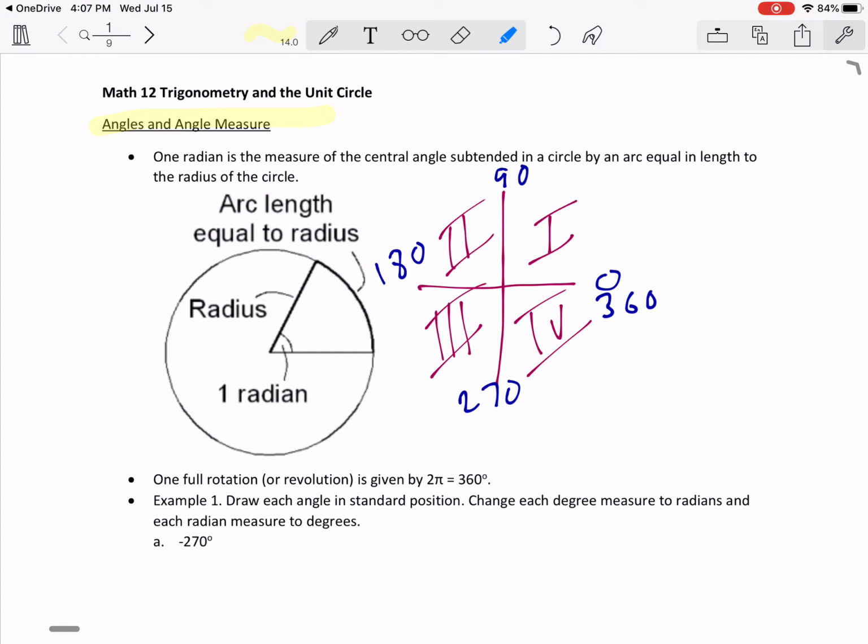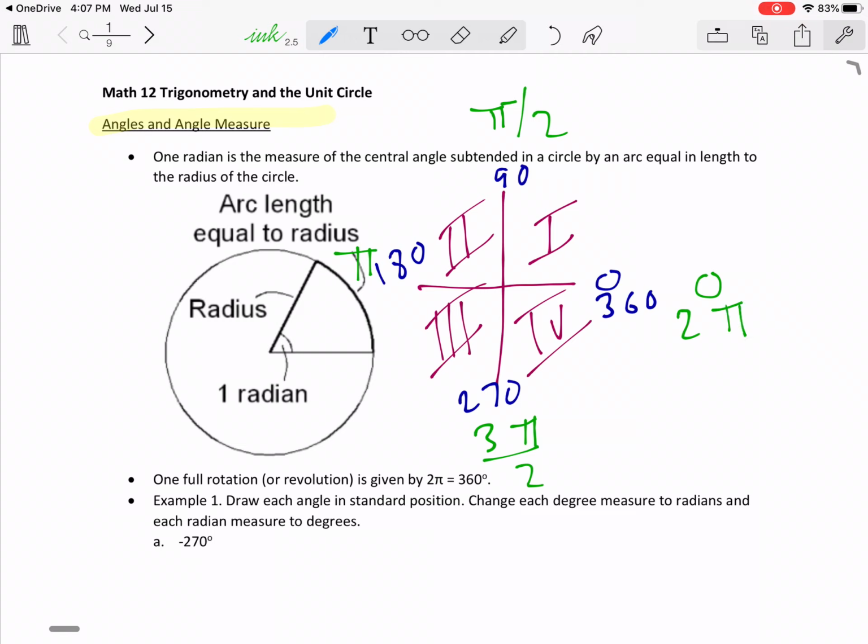Now, in terms of a rotation, we still start with 0, and it still goes counterclockwise. So here's 0, and then instead of 90 degrees, we call the 90-degree equivalent pi over 2, and the 180 we call pi, and then 270 is going to be 3 pi over 2, and then a full rotation is referred to as 2 pi.